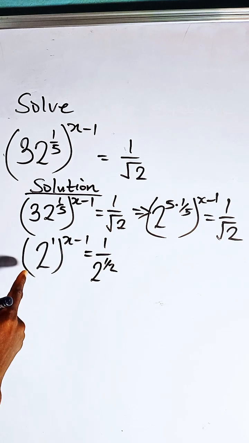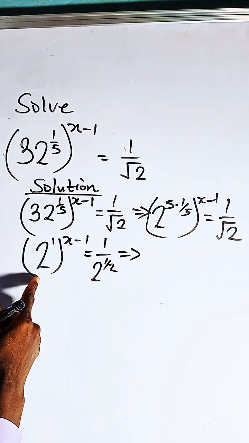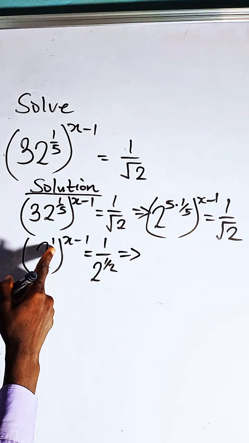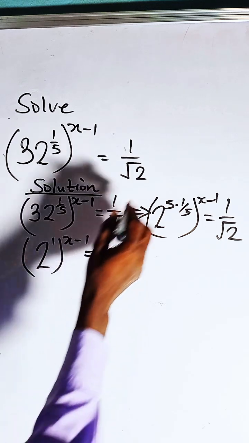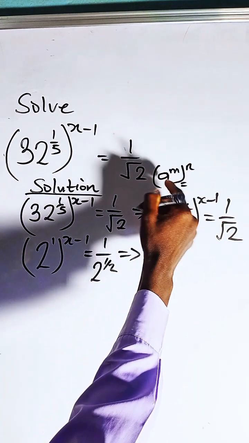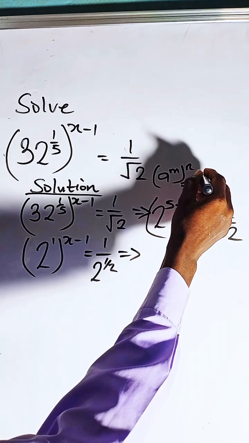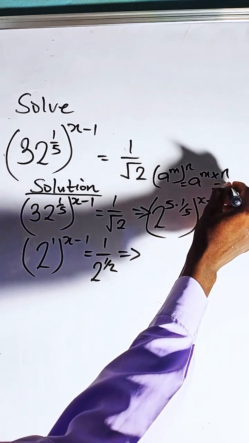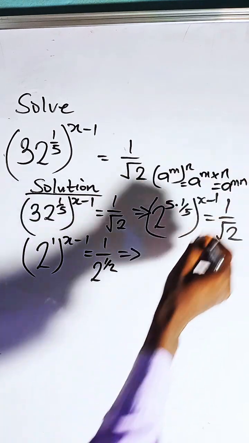Now when we apply the exponent law, when we have an expression in this form, we multiply the exponents together, so we have a raised to power mn.